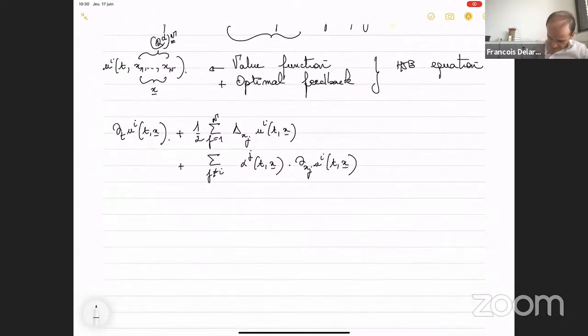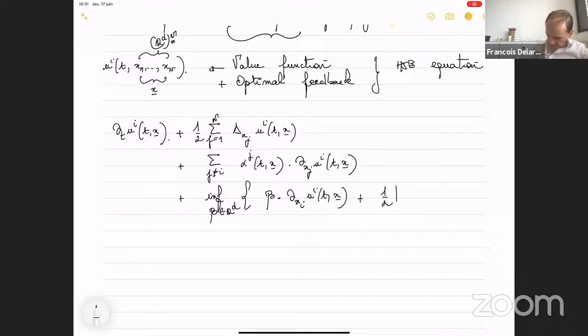But I also have, for sure, the case when I need to specify what is the optimal feedback, or what is the strategy, of player I itself. And I know that in this HJB model, the optimal feedback, let me put this as a Hamiltonian, is the infimum over beta in R^d of beta inner product d_xi u^i(t, x underline) plus one half beta squared.